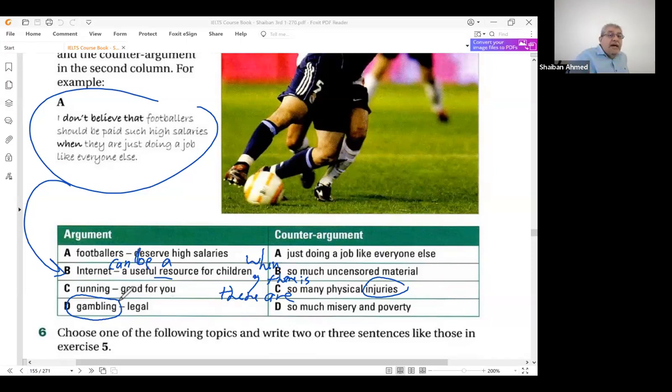No. I don't believe that gambling should be legal when it causes so much misery and poverty.